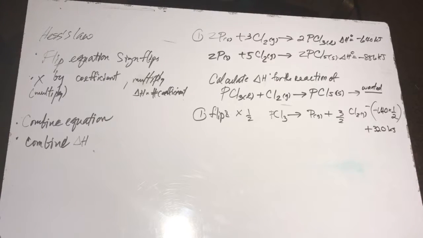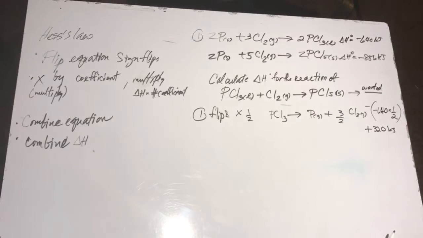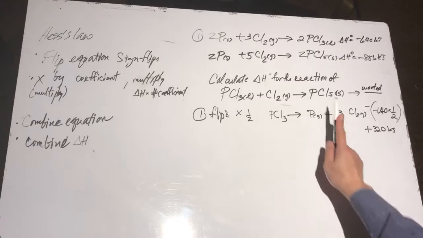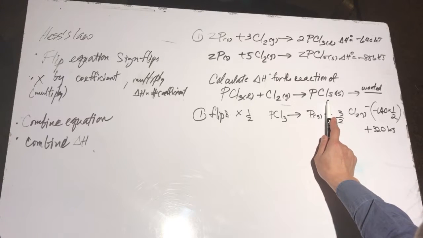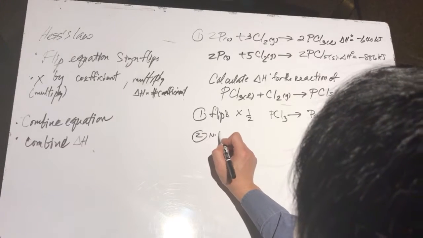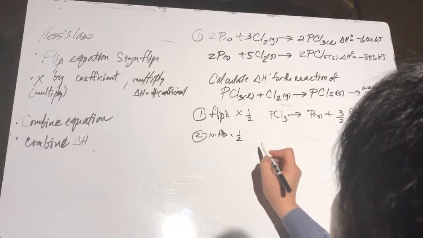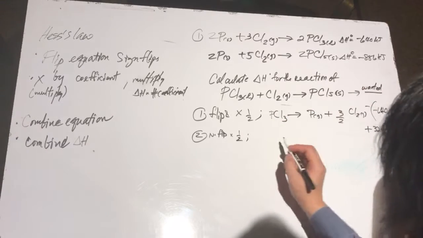So I look at number 2. We want it on the right hand side. We want the PCl5 solid in the product, so we keep it the same; we don't flip. So equation 2, no flip, but still multiply by 1/2 because we need to get rid of that 2 mole.